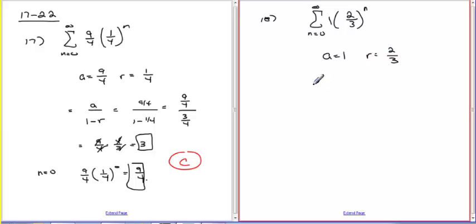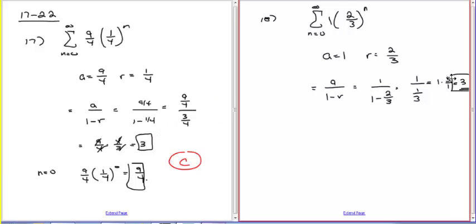So the limit of this geometric series is A divided by 1 minus 2/3. So I get 1 over 1/3, which is 1 times 3 divided by 1, which is 3. So that has the same limit. So this must be the other one.